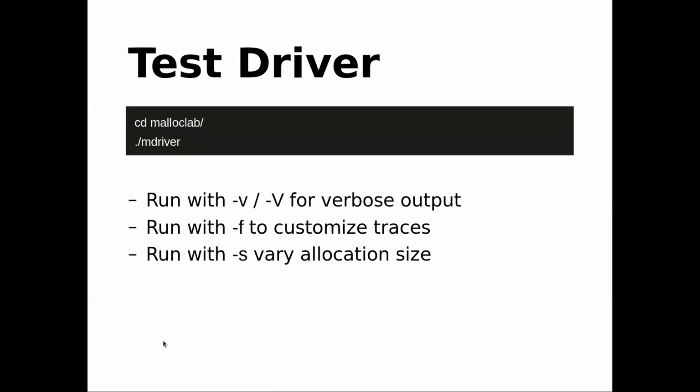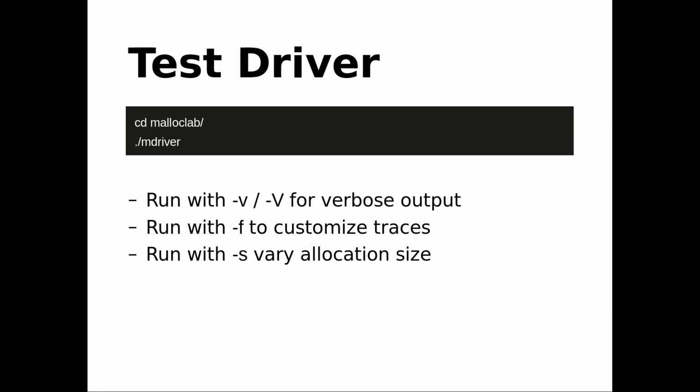The test driver is run by going into your Malloc lab folder, running make, and doing ./mdriver. If you pass in the --help argument, you can look at all the different flags needed to run the mdriver. There's a bunch of different options.